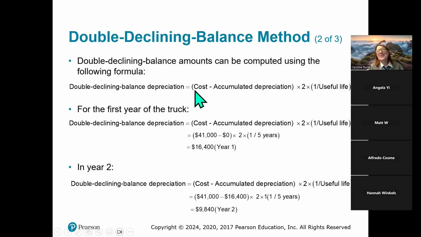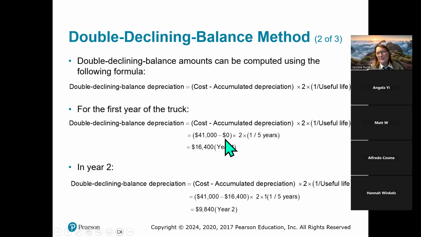Okay. So it's going to start off the same way straight line depreciation does. We're going to have cost minus our accumulated depreciation, times 2 times 1 over the useful life. So for the first year that we have this truck, we've got $41,000 minus 0, because we just bought it.